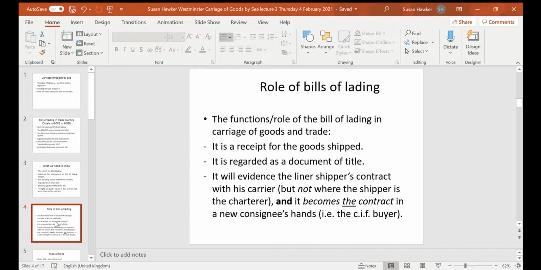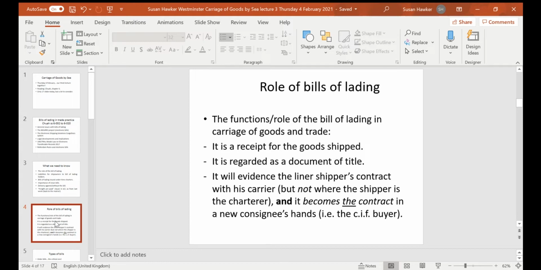This is a new consignee. The consignee isn't the shipper. He's a new party to the picture. Then the bill becomes the contract in the new consignee's hands. And so it has two ways in which it has a contractual capacity, either as evidence of the shipper's contract of carriage or as the contract in the subsequent consignee's hands.